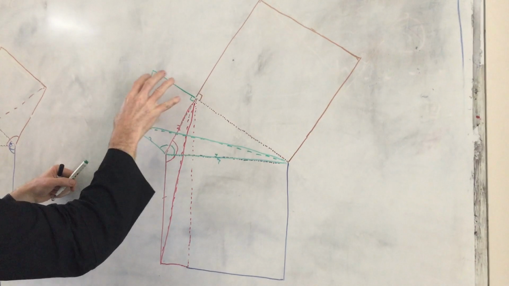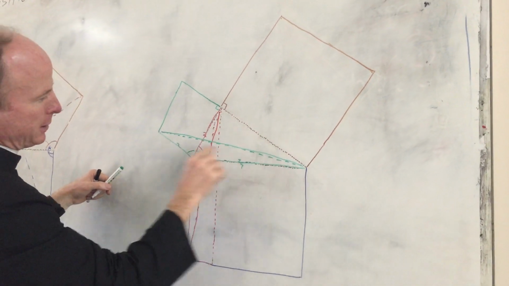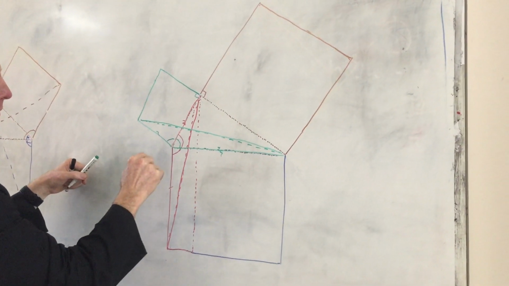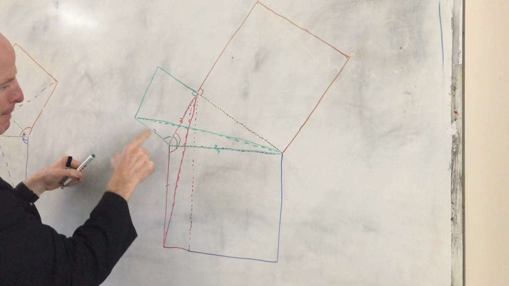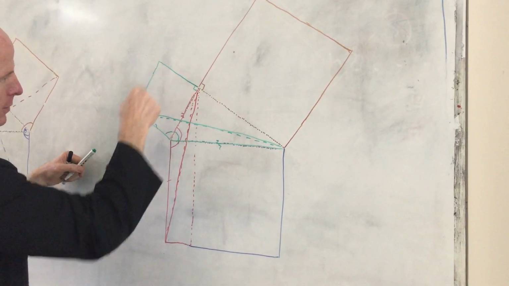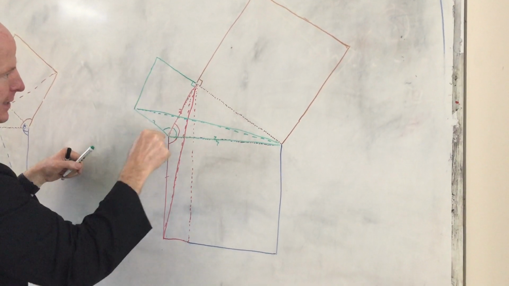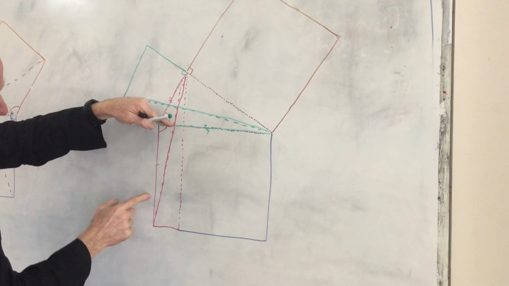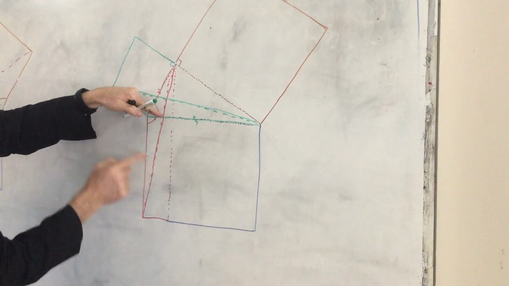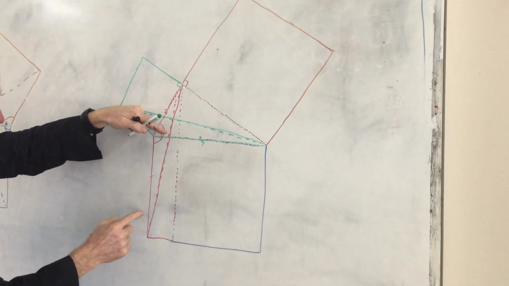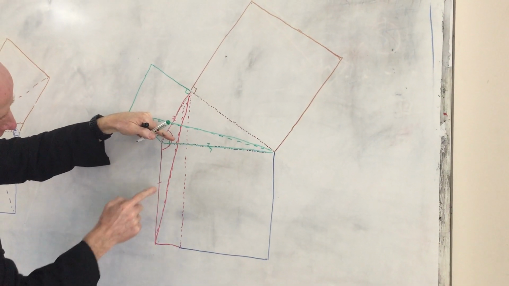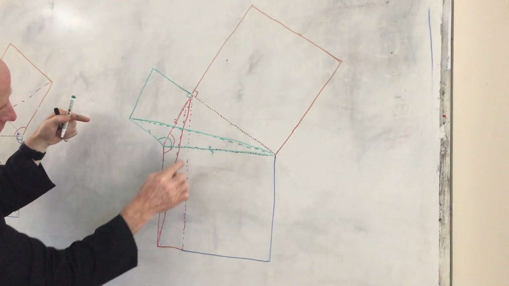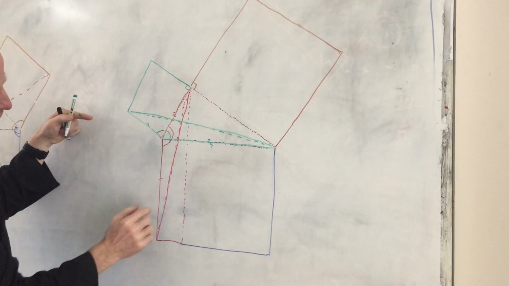But look at this. This is in the same parallels with this green triangle. And it's on the same base, this parallelogram, this square. So therefore, this is double this. Likewise, over here, this triangle is on the same base with this parallelogram. And it's in the same parallels because this is extended here in the same parallels.